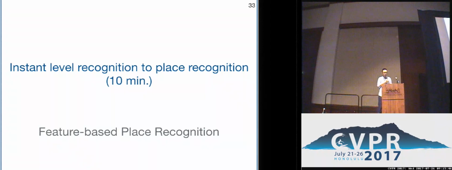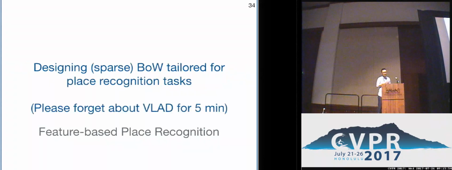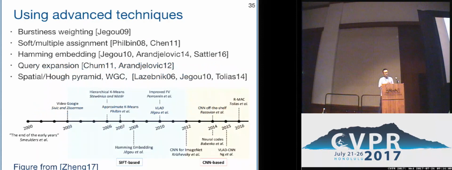So I would like to talk about how to customize or tailor the standard techniques to the place recognition problem. Now I'd like to review a bit about Bag of Words representation here. So please forget about VLAD for 5 to 10 minutes.